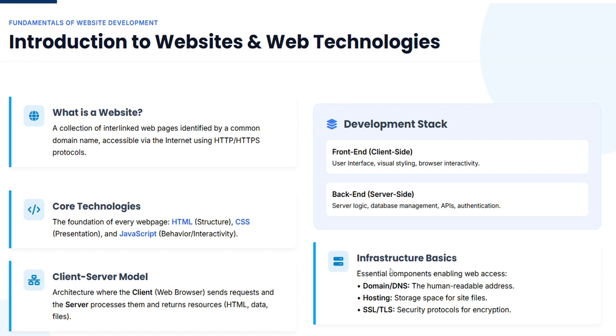Now there are certain essential components which enable web access, that is the domain or the DNS, a human readable address. Any system on the internet is accessible only with the help of an IP address. On the internet there are so many systems which are accessing information. What if, instead of sending information about movies to Patrick's system, I send it to Christopher's system?